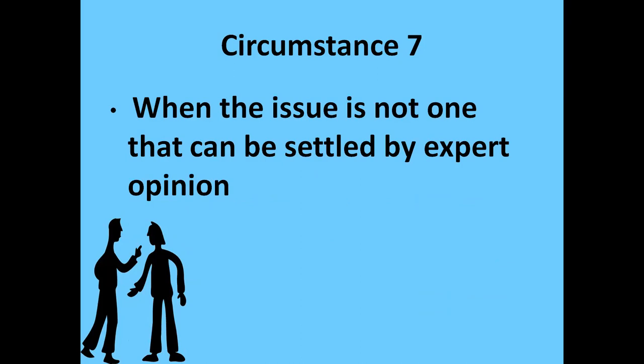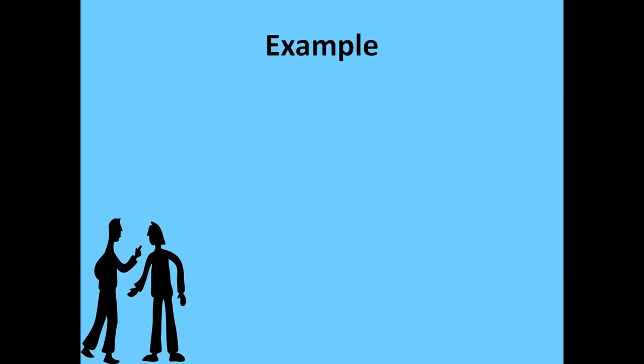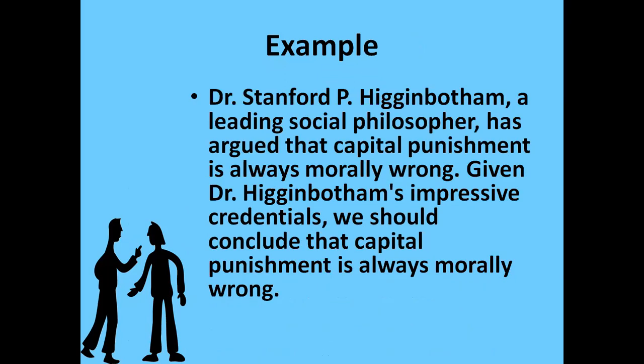To understand this, let's see the example. Dr. Stanford P. Higginbotham, a leading social philosopher, has argued that capital punishment is always morally wrong. Given Dr. Higginbotham's impressive credentials, we should conclude that capital punishment is always morally wrong.